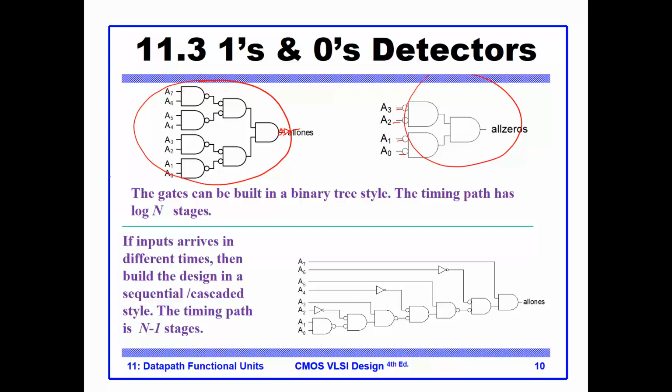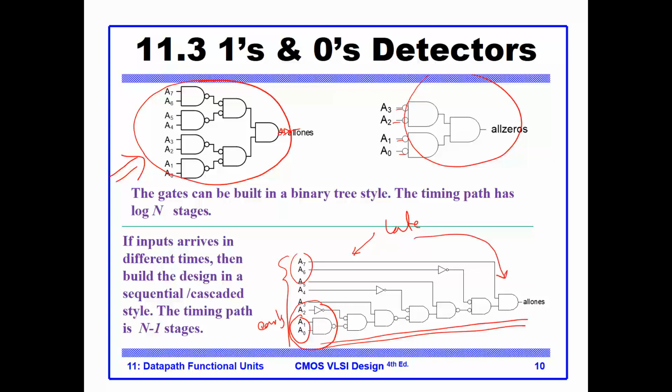Now this circuit, which is in a binary fashion, assumes that all inputs arrive at the same time. What happens if the inputs do not arrive at the same time? In other words, you have early inputs and you have late inputs. Then you implement your circuit in this serial fashion. You process the signals that come early, and you push the late signals to later gates. This is exactly like, for instance, filling a bus, where you would like to drive the bus as quickly as it fills up.